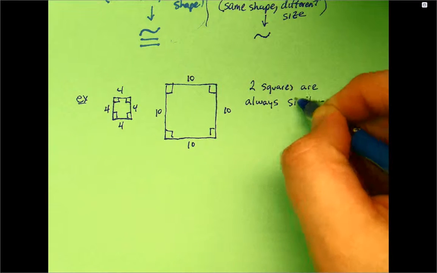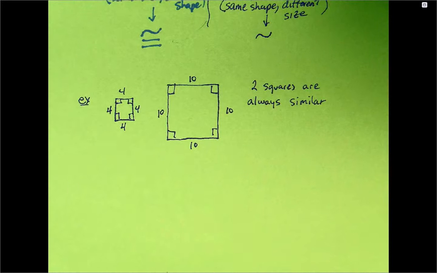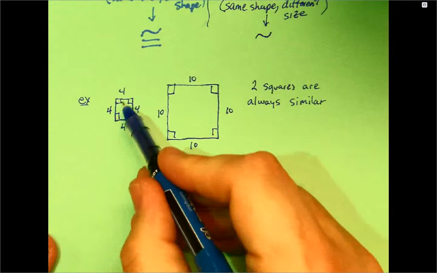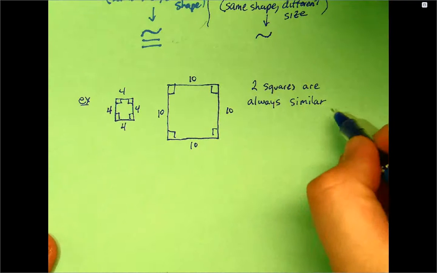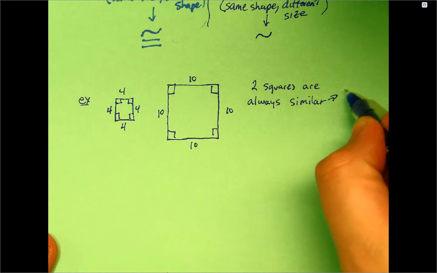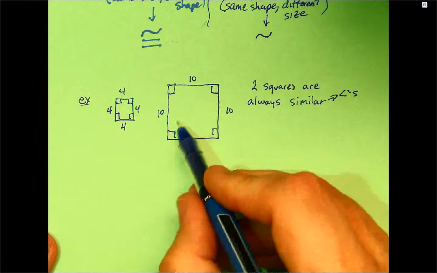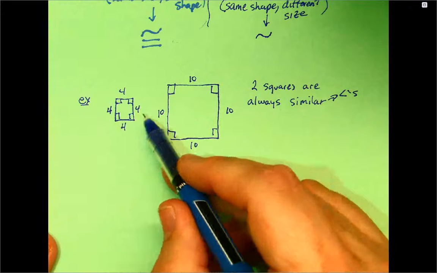Now, when you're talking about regular shapes, squares, equilateral triangles, all that stuff, they're always similar, because for similarity, the first thing you look at is angles. Are all the corresponding angles the same value?